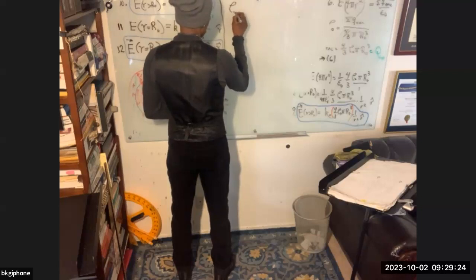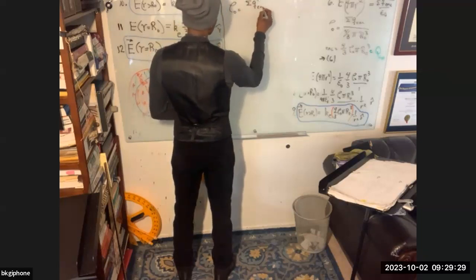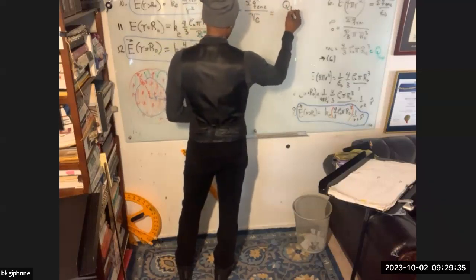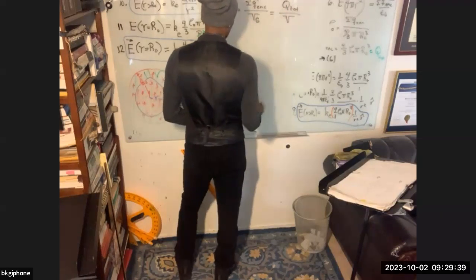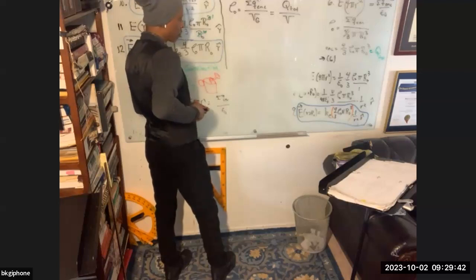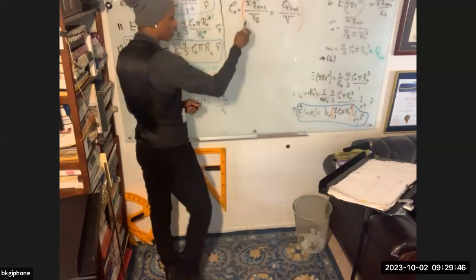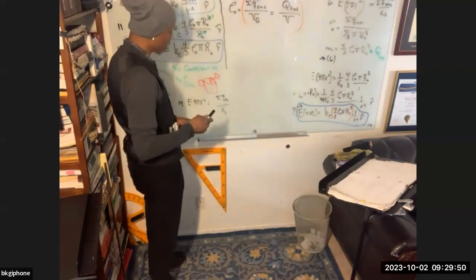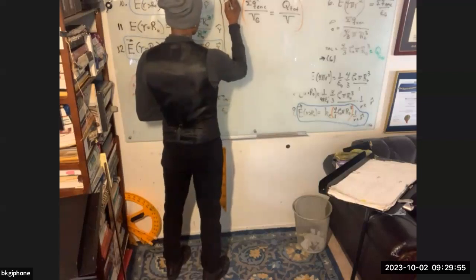Because I can say that rho naught is equal to the total charge enclosed inside my Gaussian divided by the volume of the Gaussian. But that's got to equal the total charge divided by the total volume of the whole thing. So I can group these things together here as an equation and solve for charge enclosed. So let's do that. We'll call this equation 14.